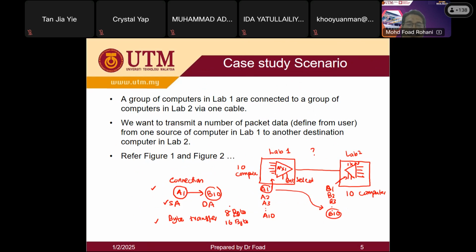So this is the maximum size of the packet that I want to transfer. Okay, and then before I enable the transfer, I need to check the rules. So what are the rules that I need to follow in order for me to be able to transfer a packet from lab 1 to lab 2, computer in lab 1 to lab 2, right?